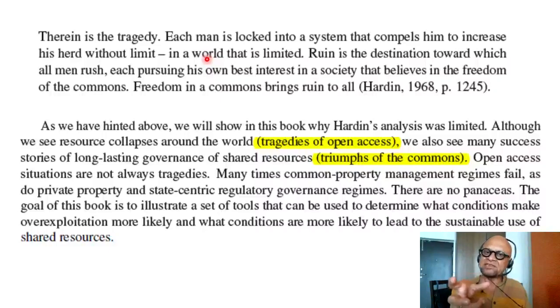So this is open access. There are no limitations. And the idea is that each man will buy as many sheep as possible till the pasture is not enough for anybody, and you end up with a tragedy of the commons.